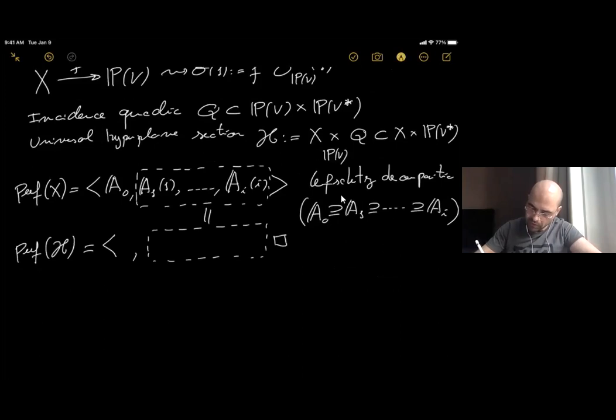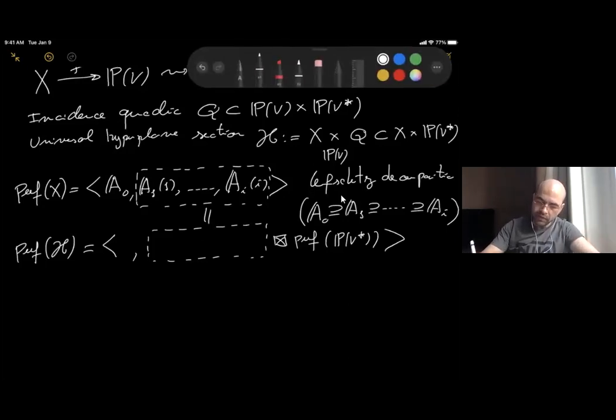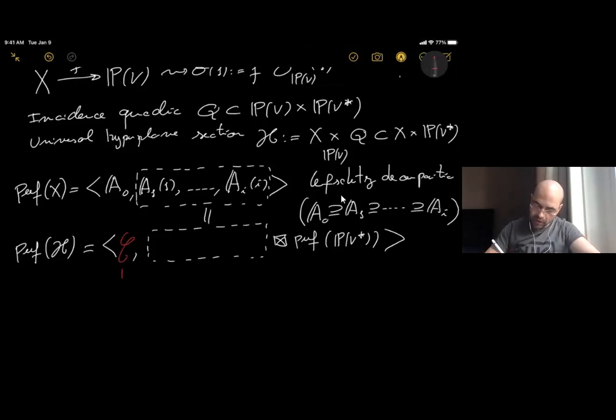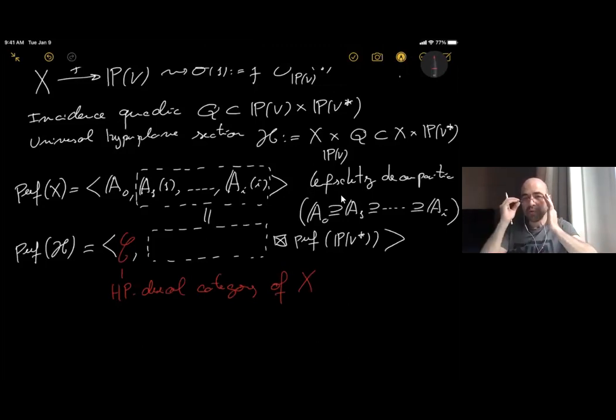So here you can do the box times the perfect complexes of the dual projective space. And then it turns out that you have an orthogonal that sits there, which is something mysterious. It's just a category here, which is called the HP dual category of X. So you start with something very geometric and you end up with this thing in red, which is just an abstract category, which is the orthogonal complement of these pieces.